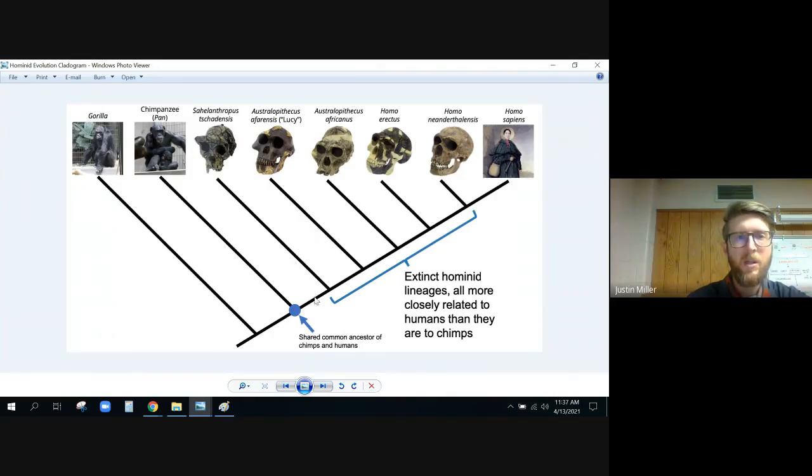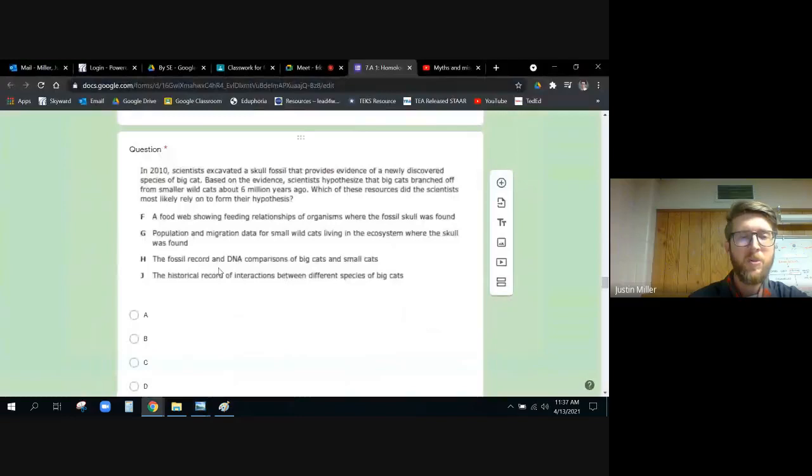Okay, so if we look at all the skulls, you can see that about this time here, this is when, at this point here, all of these pre-human ancestors branched off from the gorillas and apes, about right here. Okay, so the fossil record is my point.